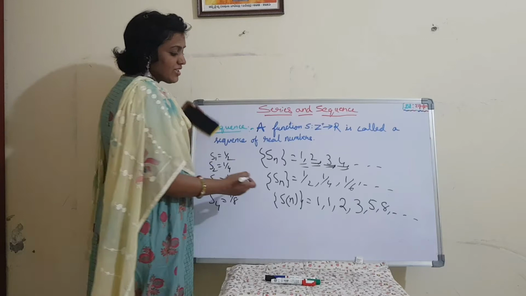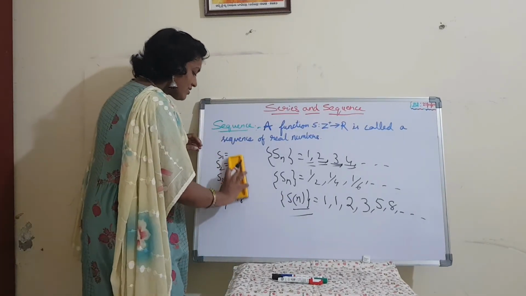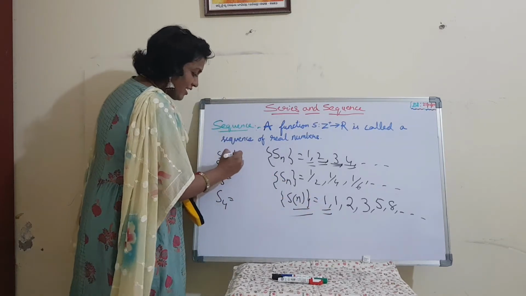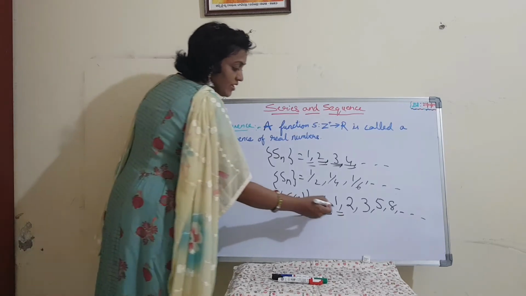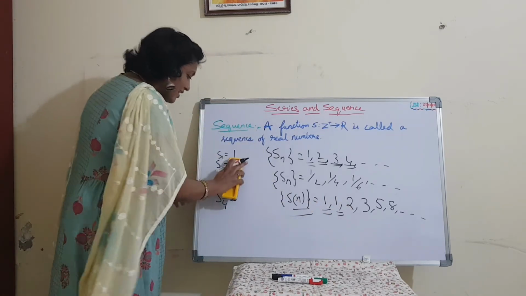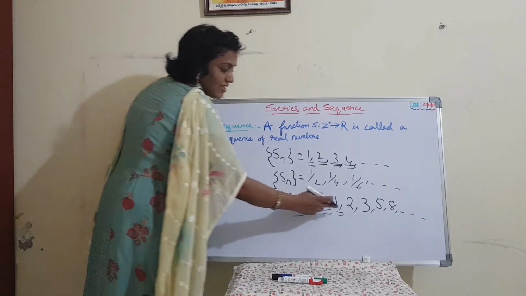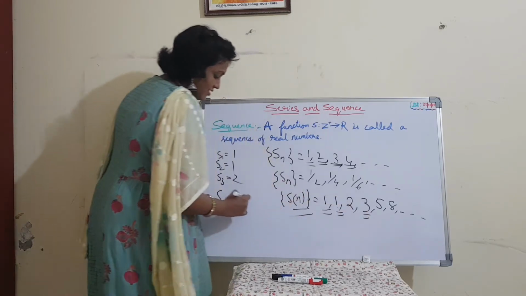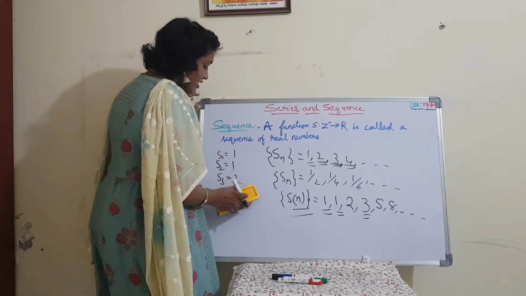Here S of n also we can denote the same way. The first element is denoted with S1. The second element is denoted with S2. S2 is nothing but the second element. What is the second element here? 1 only. What is the third element? 2. What is the fourth element? 3. I think you have understood how to write the sequence.